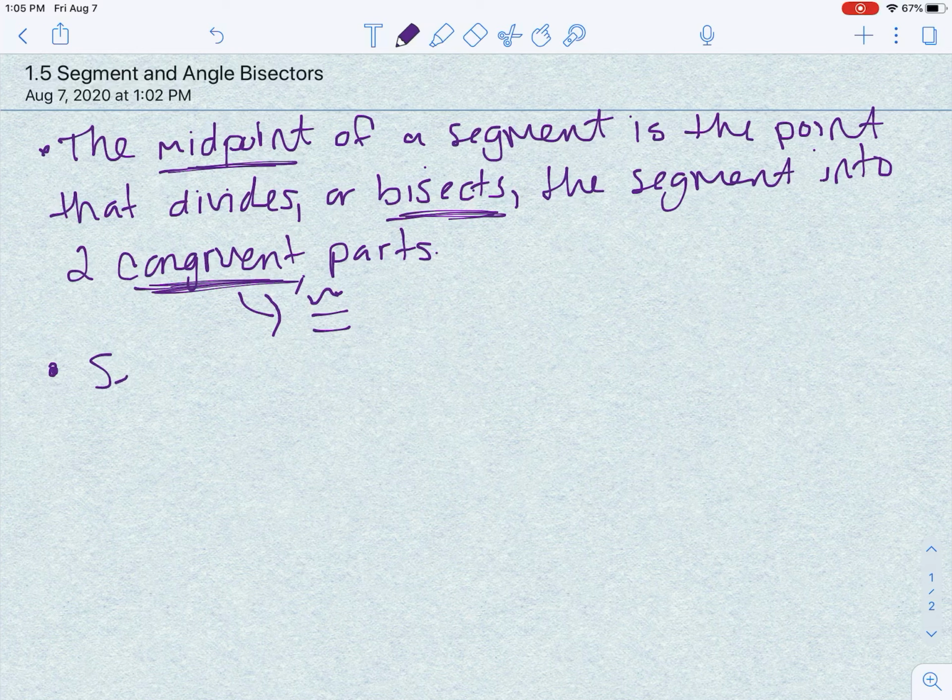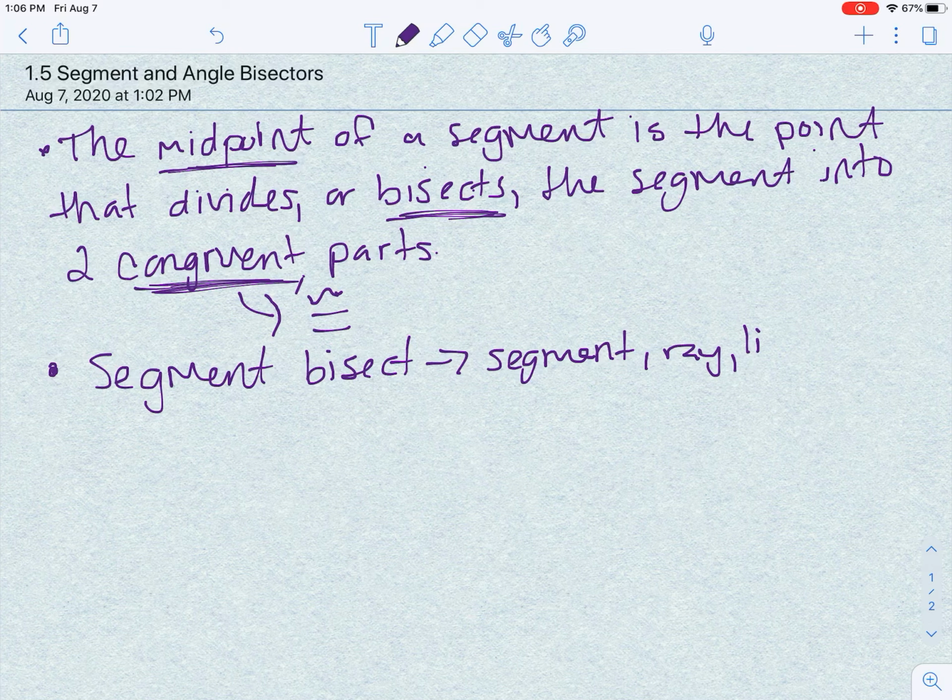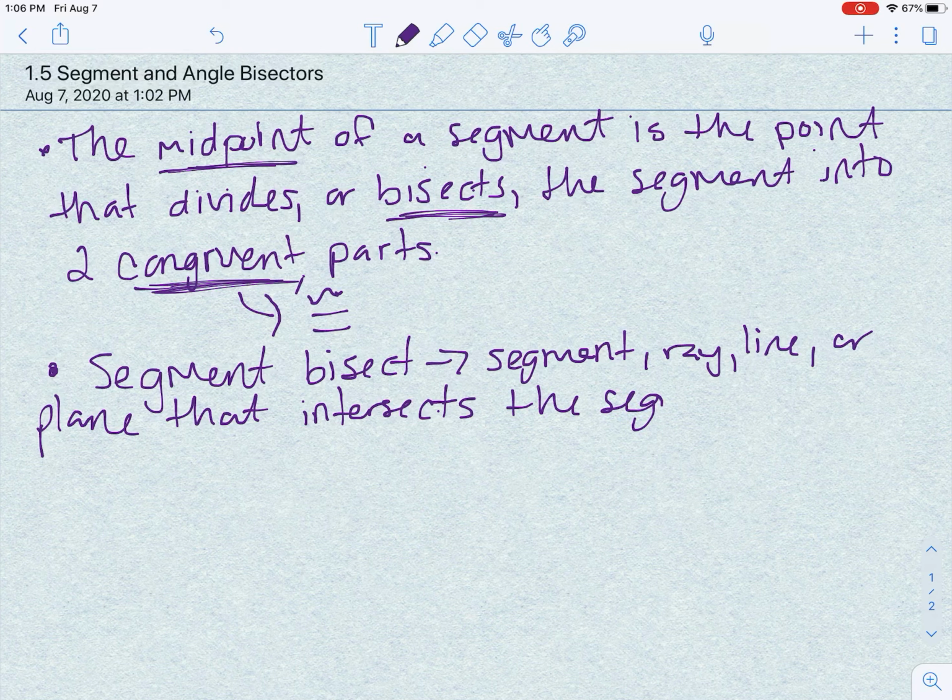So when we have a segment bisector, instead of having just a midpoint, a segment bisector is a segment, ray, line, or plane that intersects the segment at the midpoint.